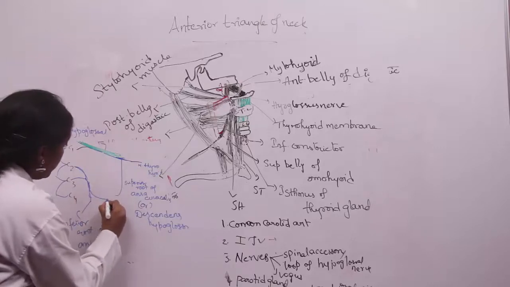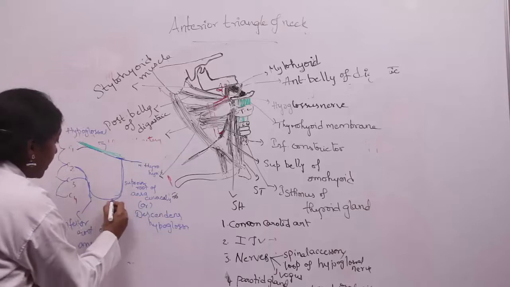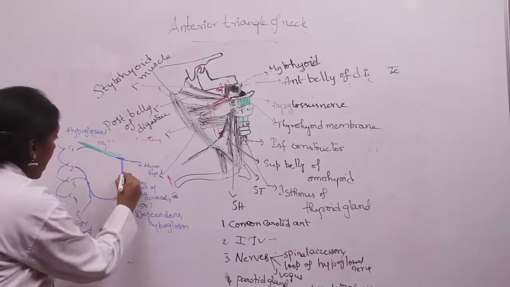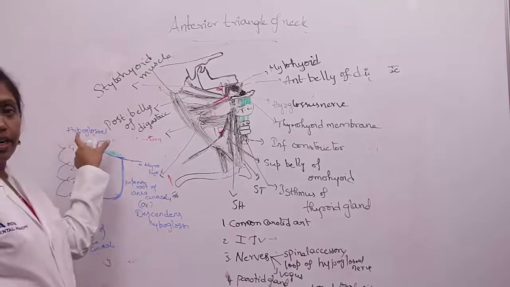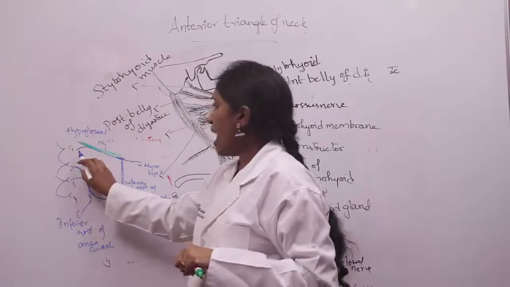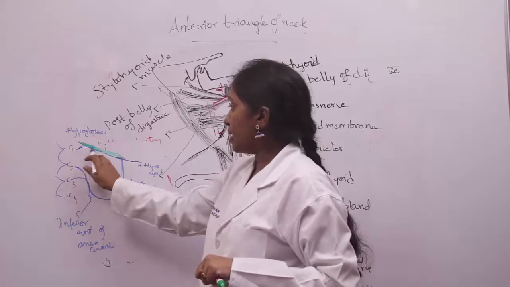And this inferior root of ansa cervicalis unites with the superior root of ansa cervicalis, and this is called the loop of hypoglossal nerve. So this is the hypoglossal nerve, and this is a branch from the C1.